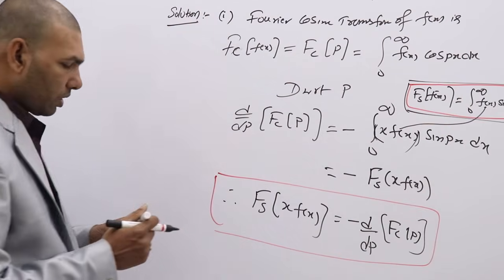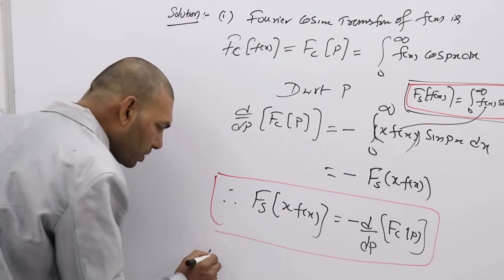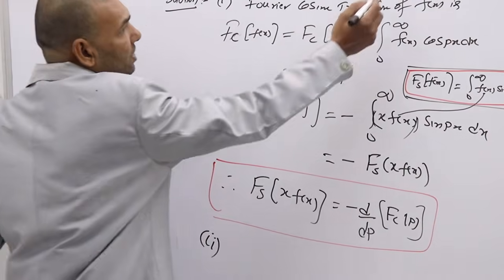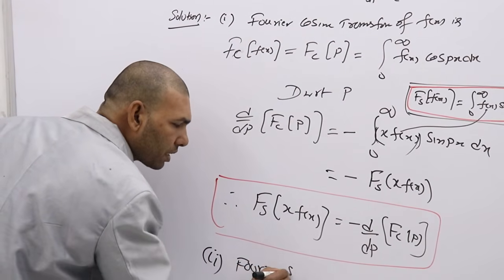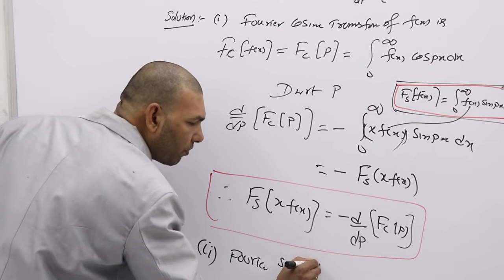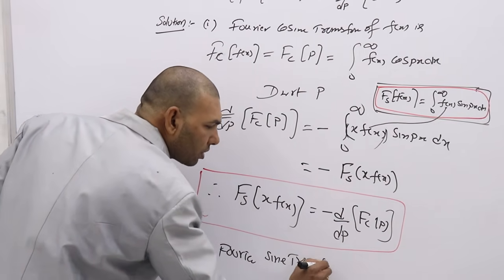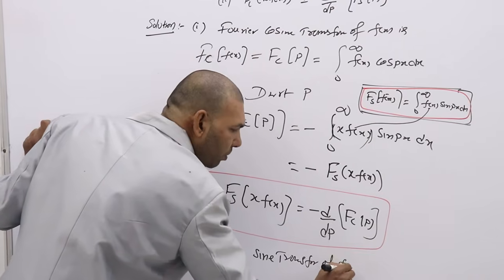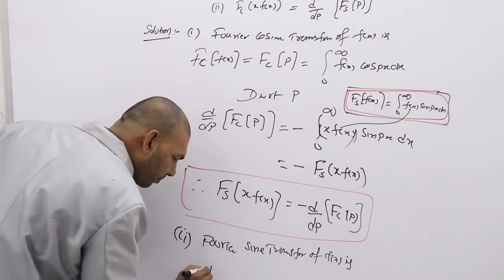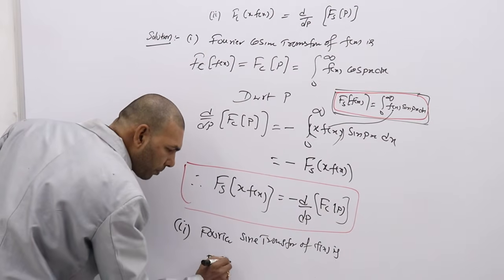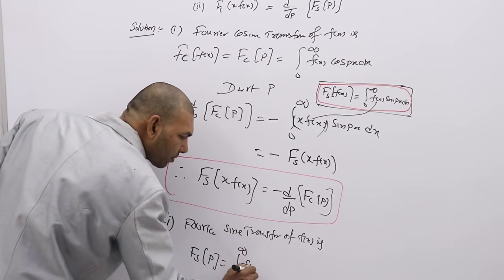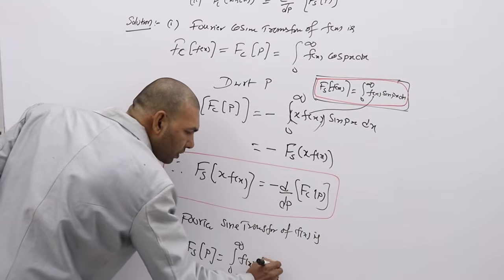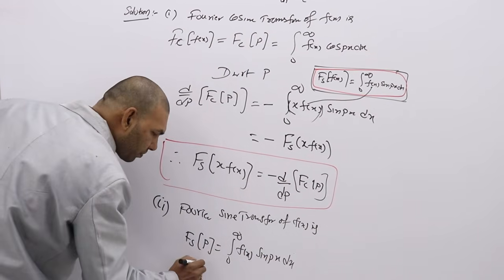Coming to the second one, to prove the second one, first take the RHS only: the Fourier sine transform of f of x. The Fourier sine transform of f of x is fs of p equal to integral 0 to infinity f of x into sin px dx.